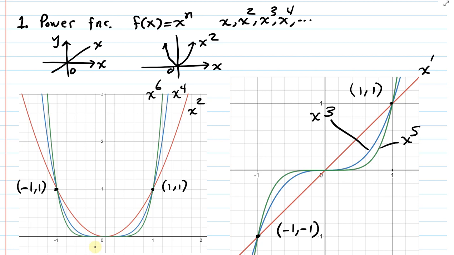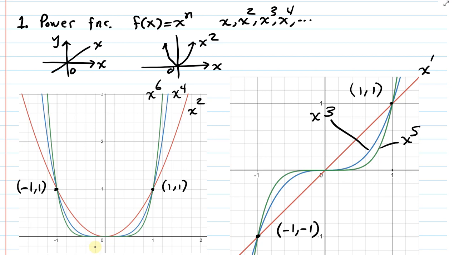So keep in mind and try to remember the patterns that you're seeing. As the exponent on x increases, no matter whether the exponent is odd or even, you have this flattening or widening effect around the x-intercept. And of course, the x-intercept for all of these is at 0, 0.